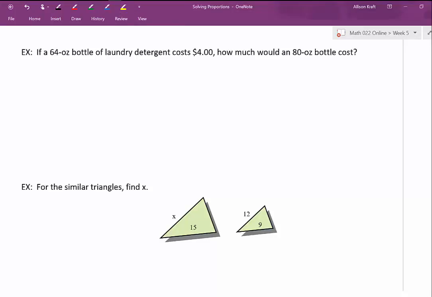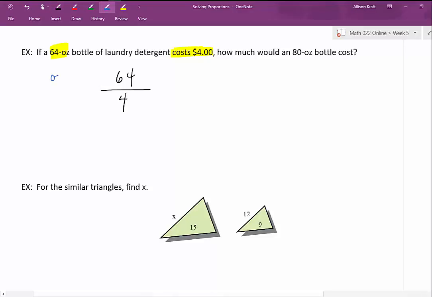If a 64-ounce bottle of laundry detergent costs $4, how much would an 80-ounce bottle cost? Our first pair of information is that 64 ounces costs $4. I'm going to write that as the first ratio in my proportion. 64 over 4.